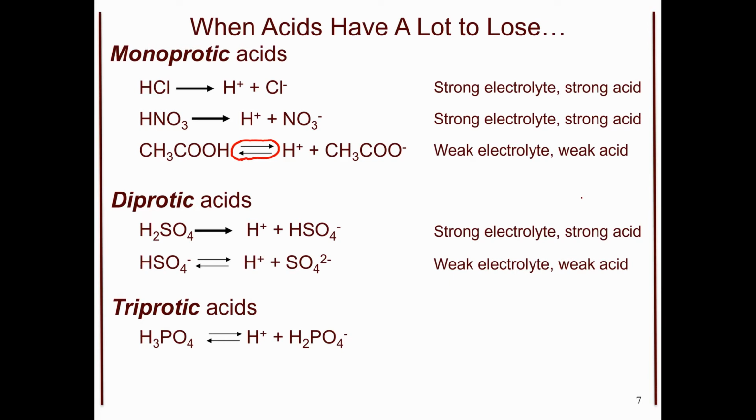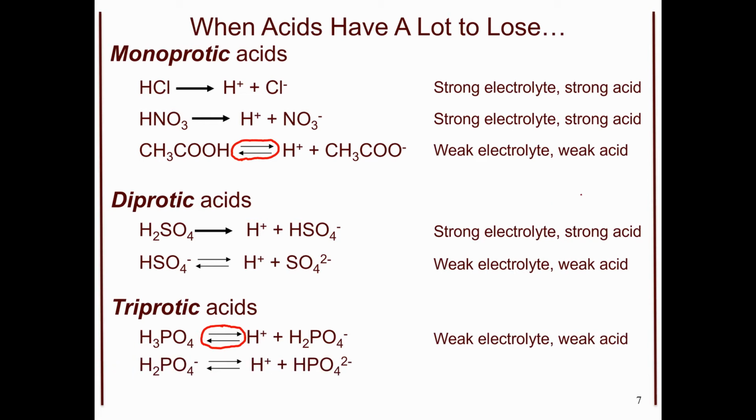Is this a strong acid? Well, the best indicator in here is once again our double arrow, and that shows that this is at equilibrium, and phosphoric acid having 3 ionizable protons is still a weak acid. But now what I can do is go after the second proton, forming H+ and HPO4 2-.